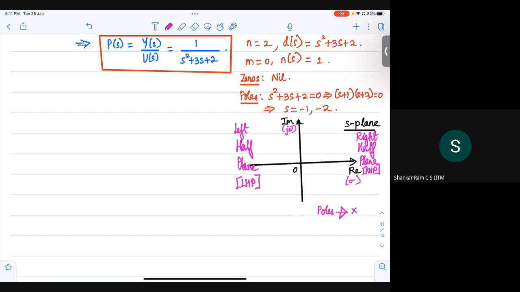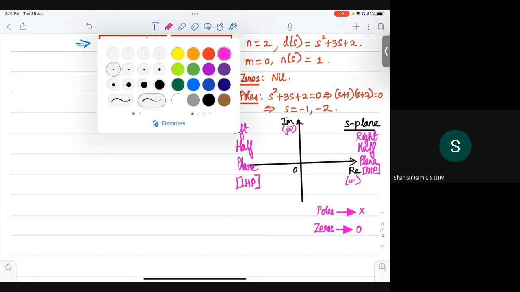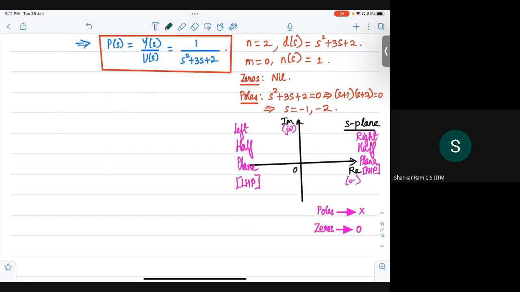And zeros are indicated by an O. So once again, let me repeat. Poles are indicated by using a cross mark. Zeros of the transfer function are indicated by putting an O, or a circle. All right. So that's how they are graphically indicated.